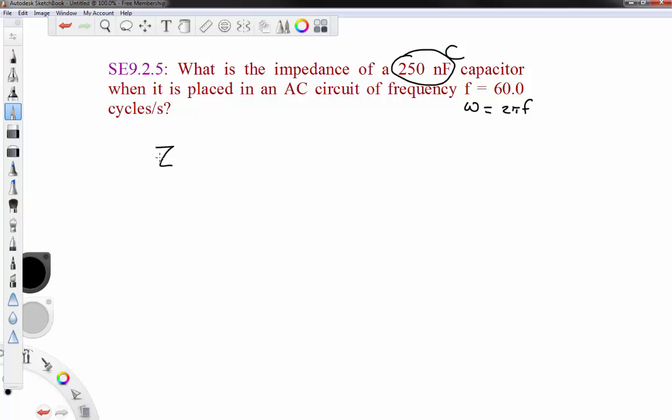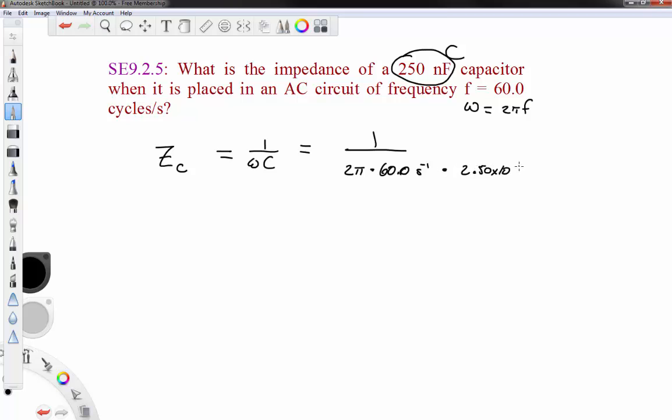The impedance for a capacitor, called the capacitive reactance, is given by 1 over omega times C. So that would be 1 divided by 2 pi times 60.0 per second times 250 nanofarads.